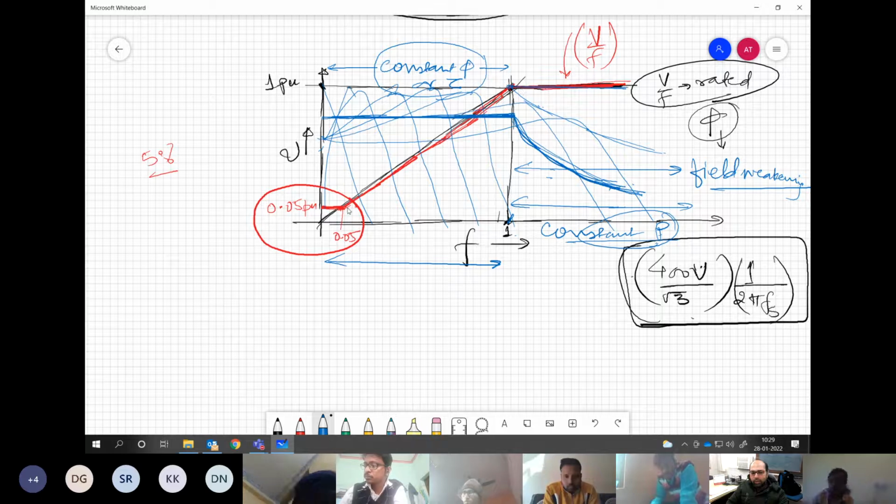So power will have some characteristic like what we are having as the V by F profile. Power will be increasing up to this rated value and then it will become flat. So different profiles, whatever we have, power, torque, flux, V by F, all these characteristics you should be able to draw based on these computations. Understand my point?